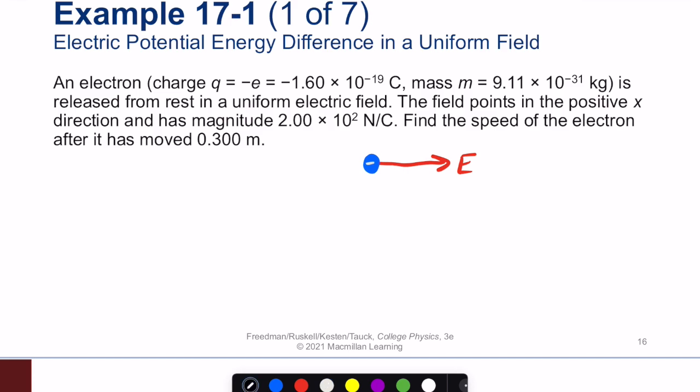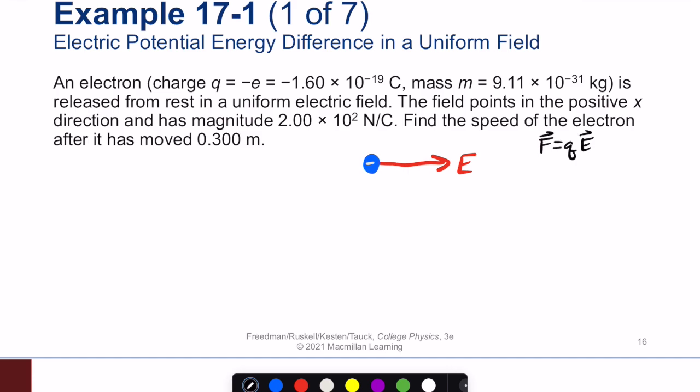He's being released from rest, so he's going to start off with 0 velocity, and he's going to start to accelerate. Why does he start to accelerate? Because he's feeling a force, right? Particles in electric fields feel forces. And what direction is this force? Well, for negatively charged particles, we know that F is QE.